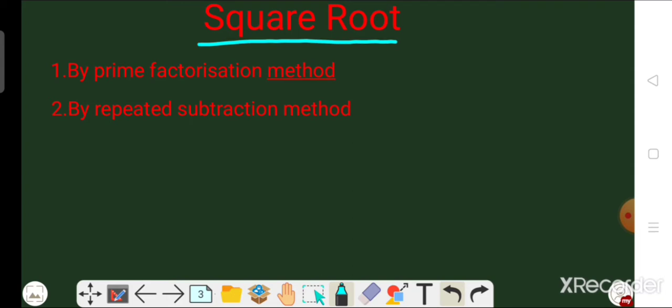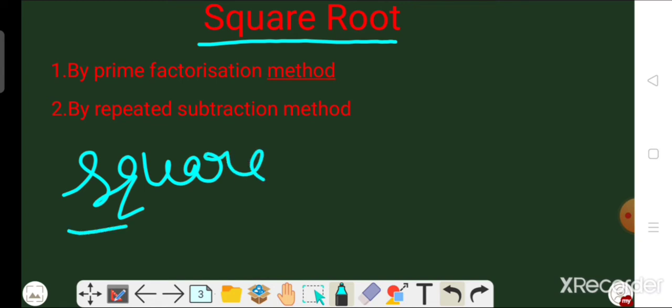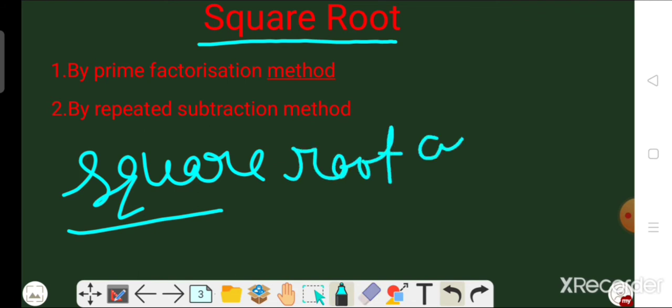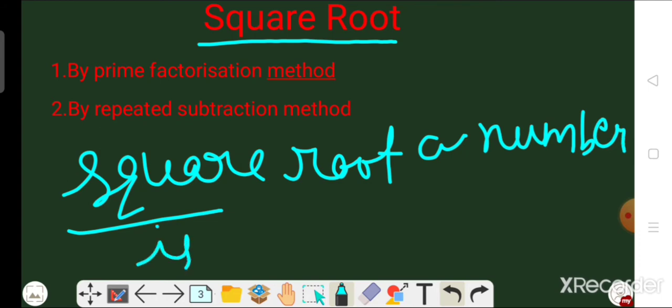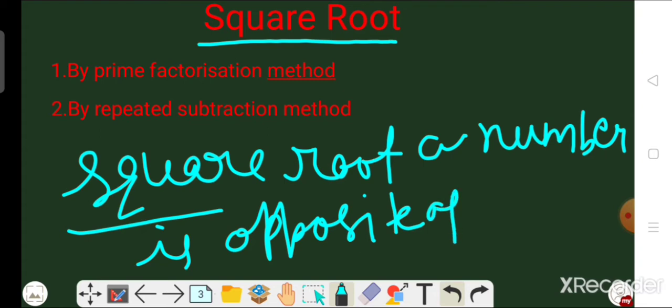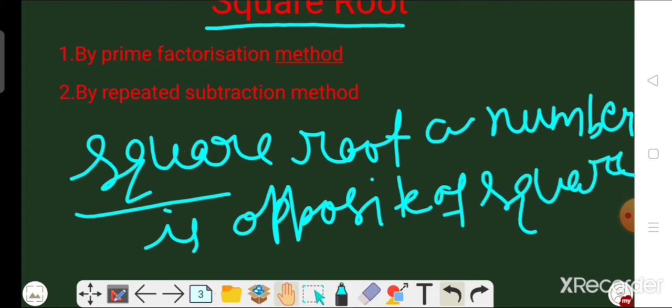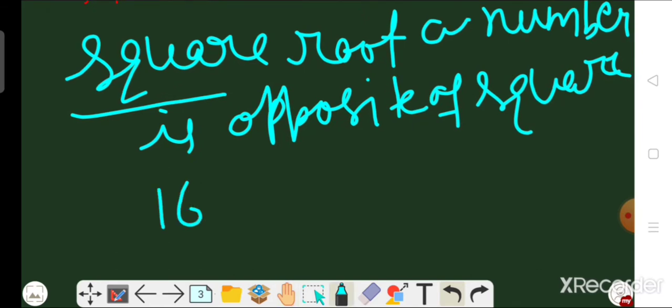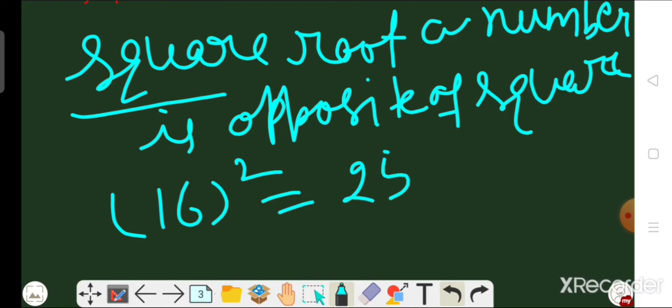In the previous videos we have learned about the square of a number, but today we will learn about square roots. The square root of a number is the opposite of square. For example beta, if you have a number like 16, the square of 16 is equal to 256.